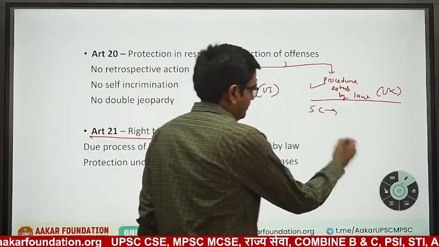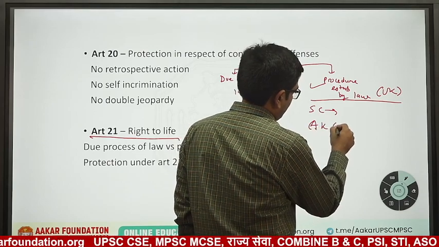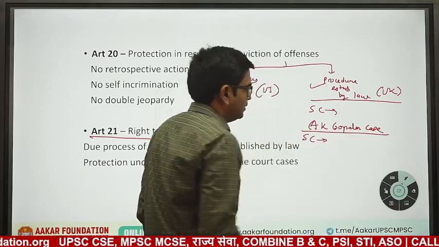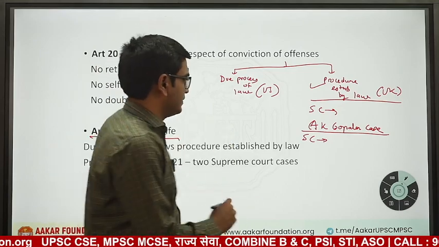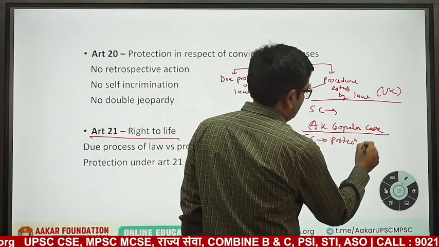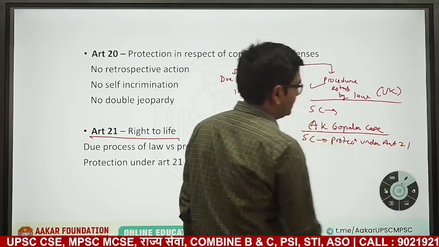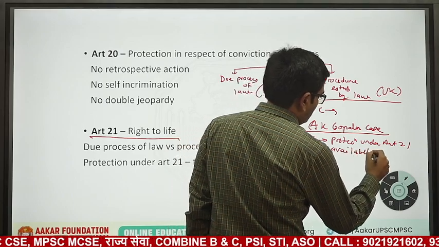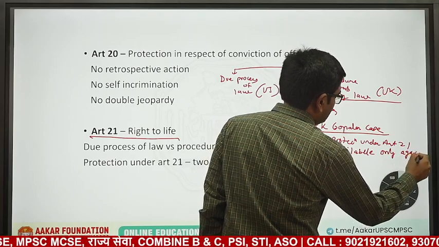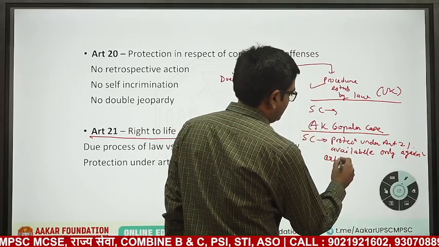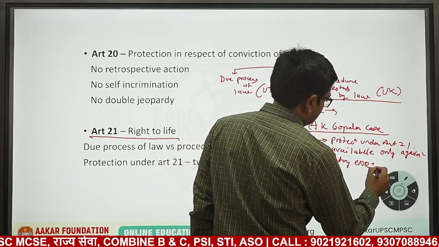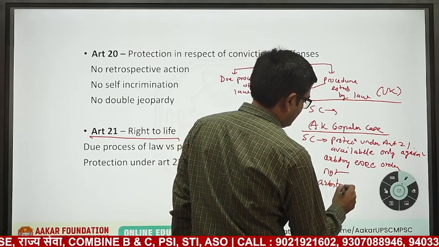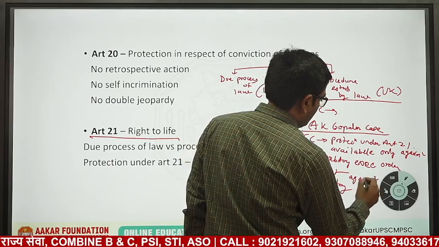For example, we have a case called the A.K. Gopalan case. In the A.K. Gopalan case, the Supreme Court clearly said that protection under Article 21 is available only against arbitrary executive order and not against arbitrary law.